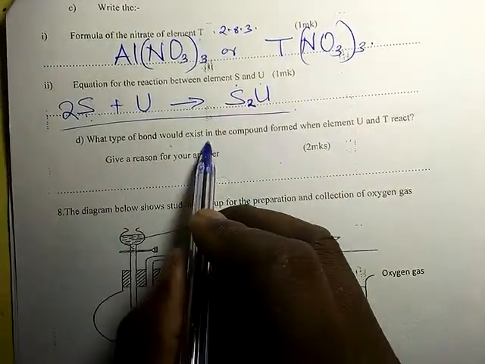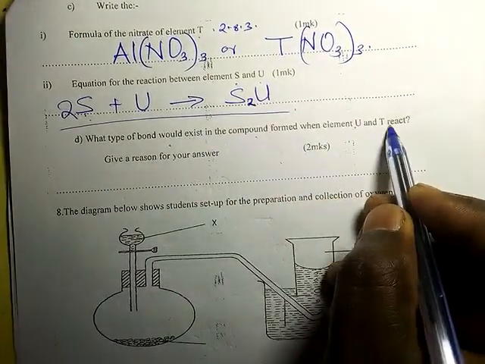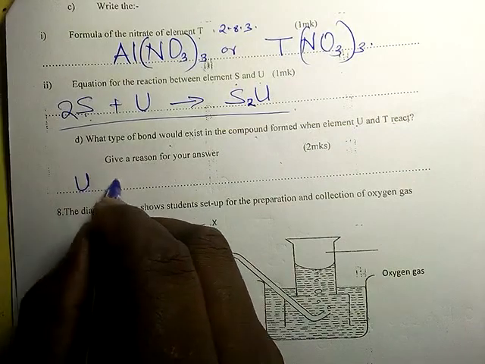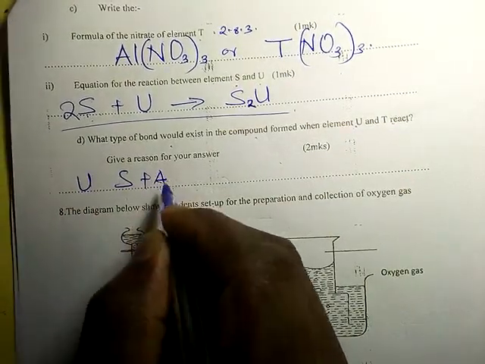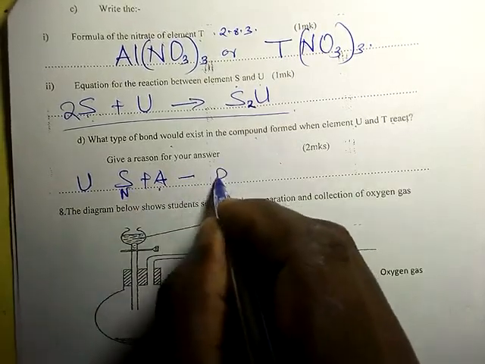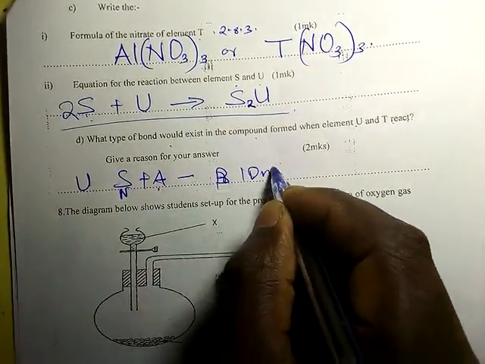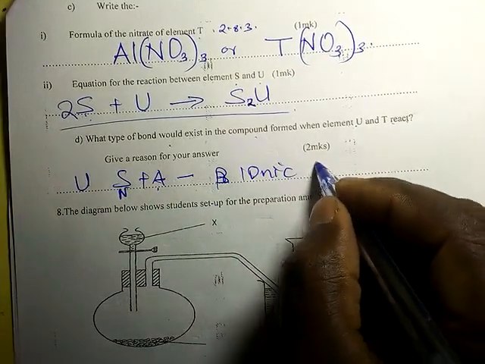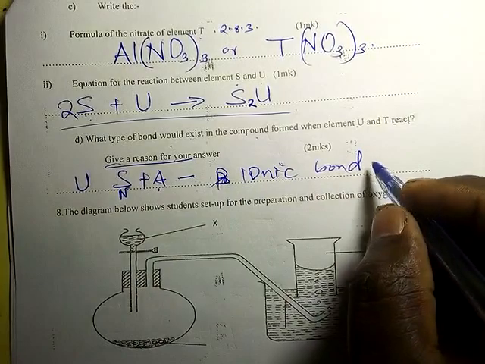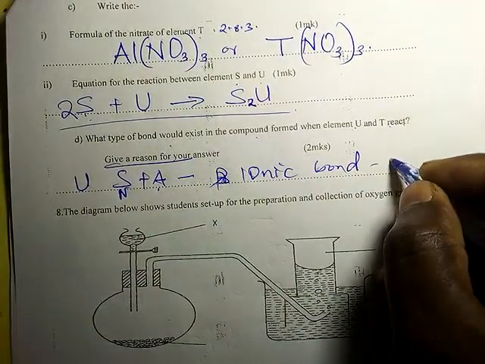What type of bond exists in the compound formed when U and T react? U is sulfur. So sulfur plus aluminium, this is a metal and this is a nonmetal. Therefore, the bond is ionic. Ionic bond. Reason: it is a bond formed between a metal and a nonmetal.